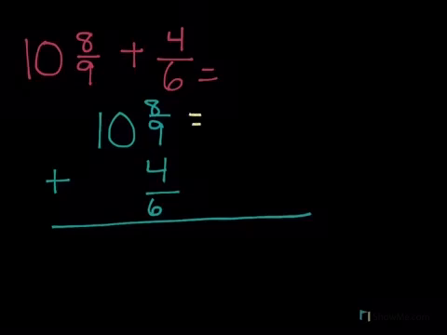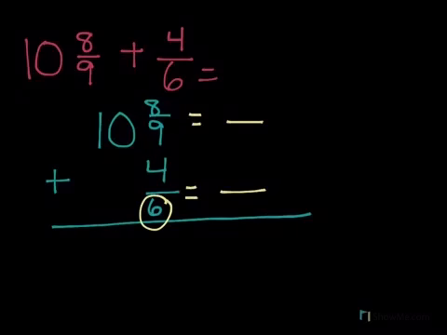Now I'm going to make my equivalent fractions. So the first thing I'm going to do is try a shortcut. And I'm going to think to myself, okay, well, does 6 go into 9 evenly? It doesn't, so that shortcut will not help.